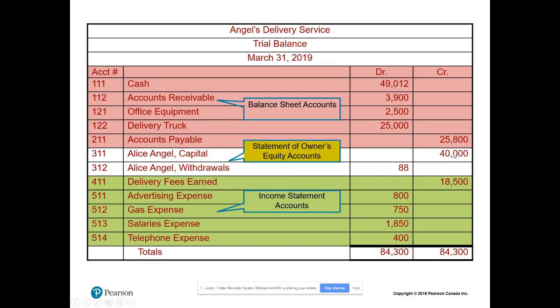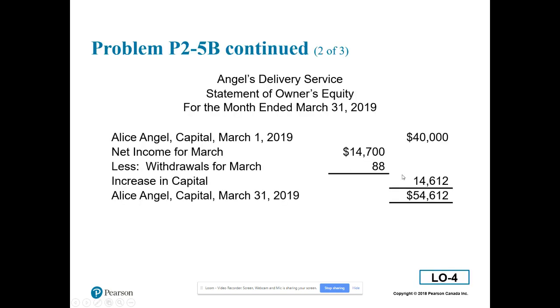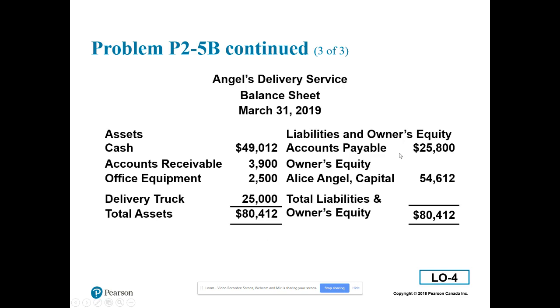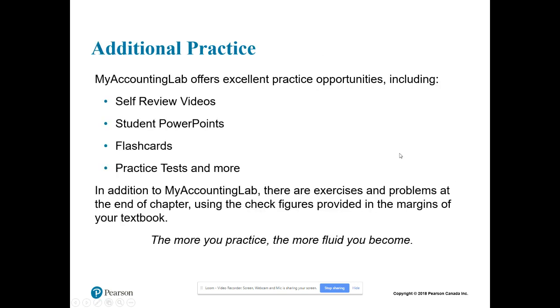So why is that, Chris? Why does it say 40,000? Well, it says 40,000 because that was the total that was put into the account. However, it does not account for the difference between the revenues and expenses or the difference with the withdrawals. So that's why we have to do this schedule, the statement of owner's equity. I do this, everything's balanced, everything's A-okay. Okay? So that's all there is in lesson 2.